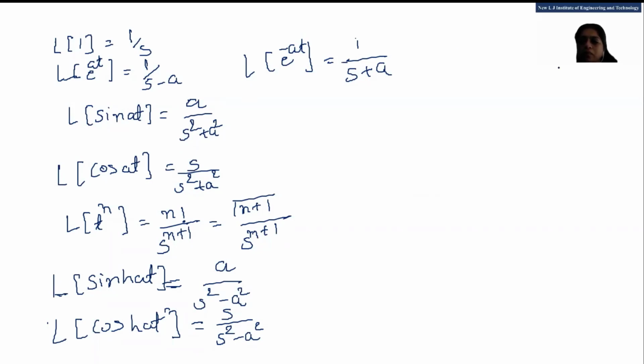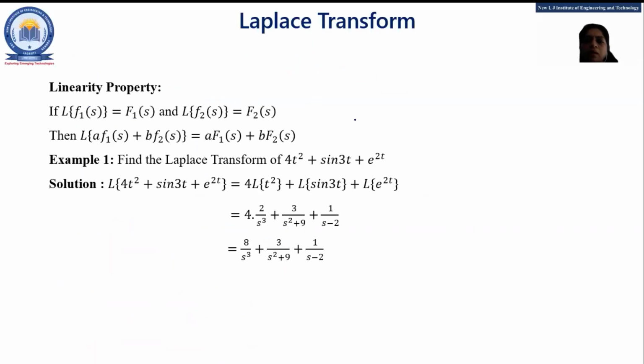Now, let's move on to today's session, that is Laplace transform. Here, we apply the direct formula for the solution of the example, and for that, we apply the linearity property.